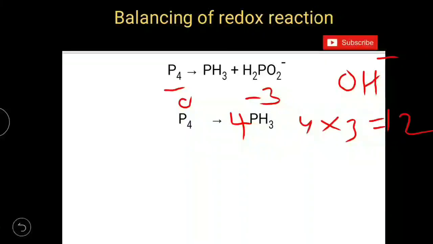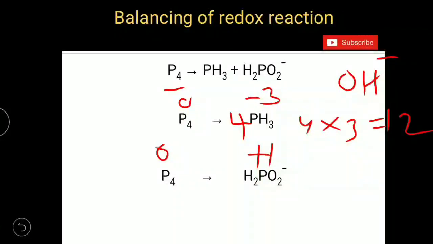Next, come to the remaining part. The same P4 itself is being converted into H2PO2-. Oxidation state of phosphorus in P4 is 0 and in H2PO2- the oxidation state of phosphorus is +1. So what is the difference in oxidation state?